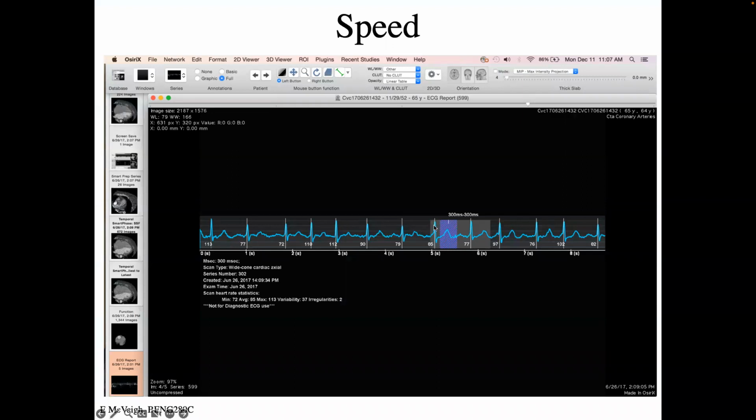Here's an example of data that's obtained from 3 EKG leads that are placed on the patient while you're obtaining their CT data. And while they're lying on the table, you can see their EKG on the screen. This patient obviously has not a steady heart rate.